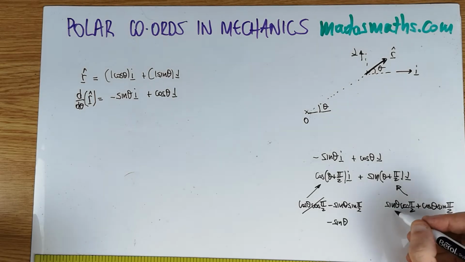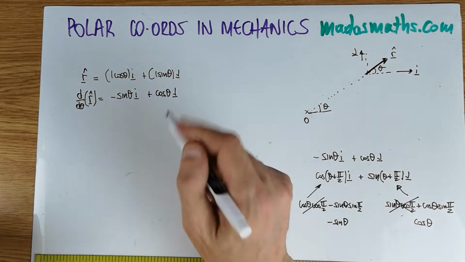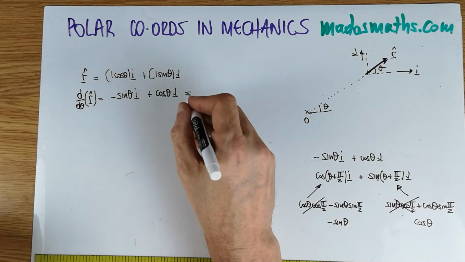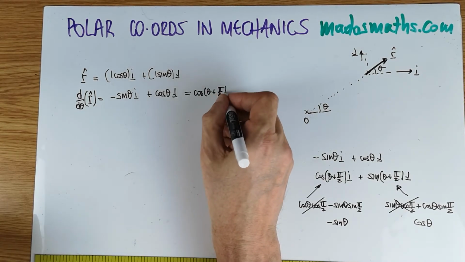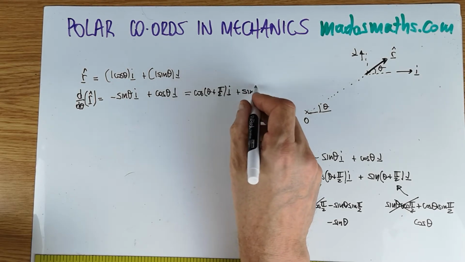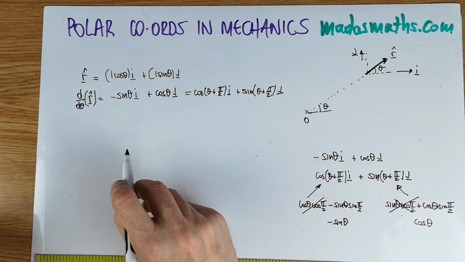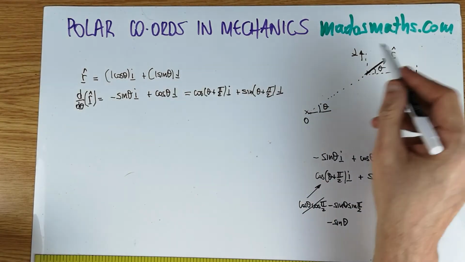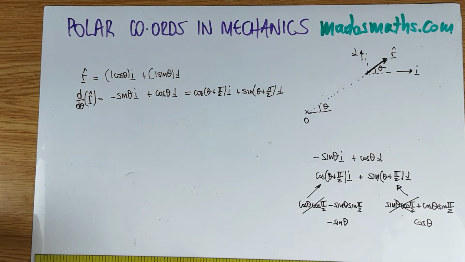Cos of pi over 2 is 0, sine of pi over 2 is 1, so that's cos theta. So indeed, I can write this as cos theta plus pi over 2 in the i direction plus sine of theta plus pi over 2 in the j direction. So when I differentiate this vector, it's the same as rotating it by 90 degrees in an anti-clockwise direction.